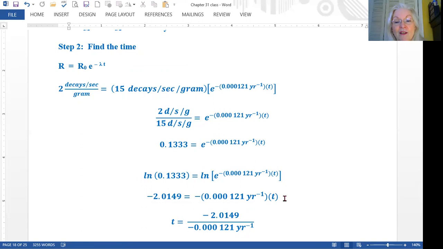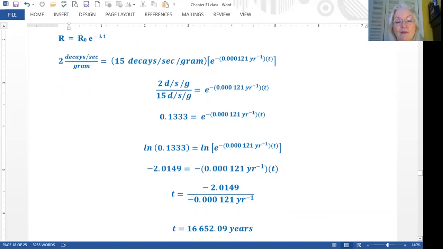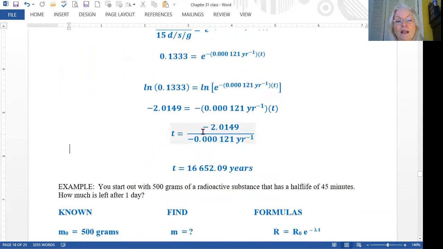And now we can divide both sides by this little funky digit and isolate the t. Notice the minus sign goes with the number. So a minus over a minus cancels, and 2.0149 divided by 0.000121 gives us 16,652.09. And the answer is in years. Time is in years in this case.